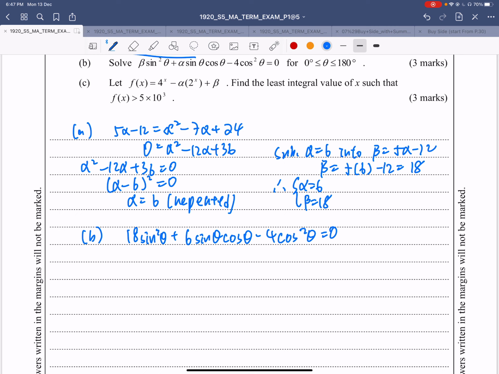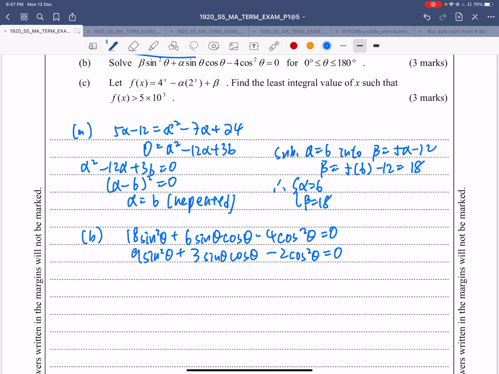So let's reduce this formula, do some factorization. You can see there are multiples of 2, so you can divide by 2, and it becomes 9 sine squared theta plus 3 sine theta cosine theta minus 2 cosine squared theta.